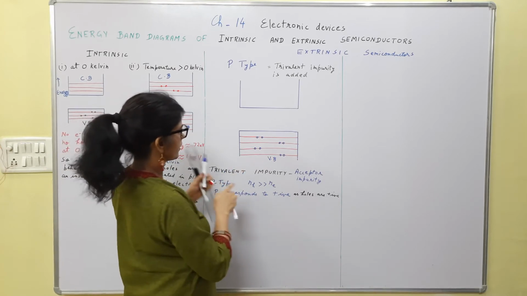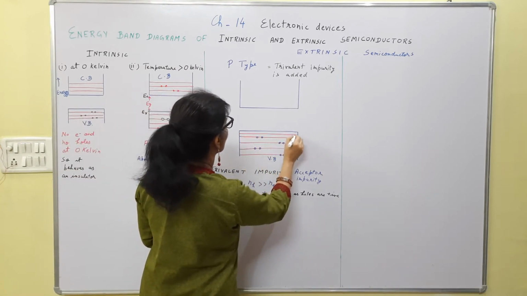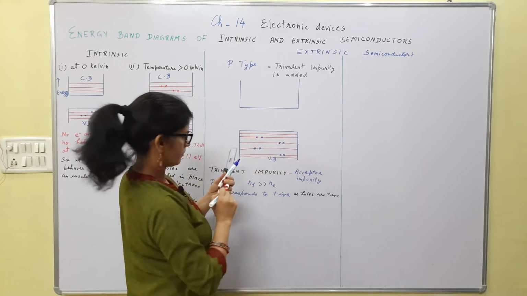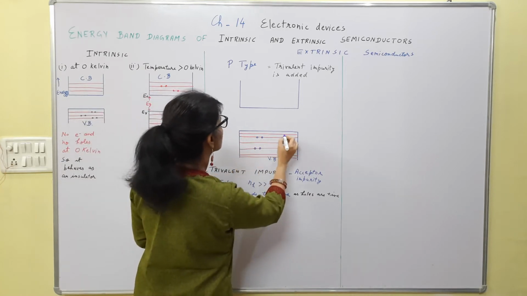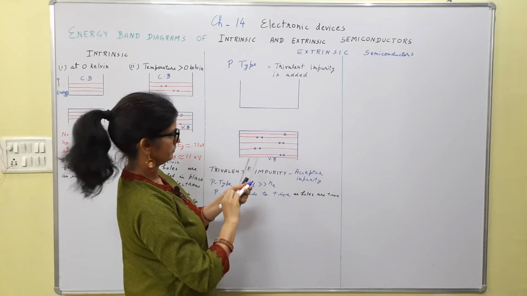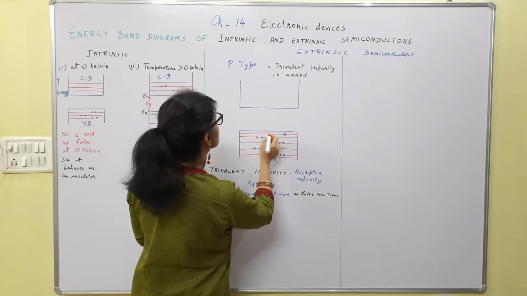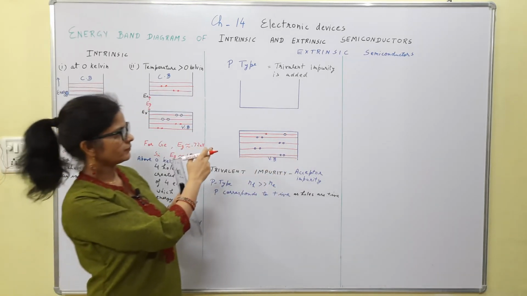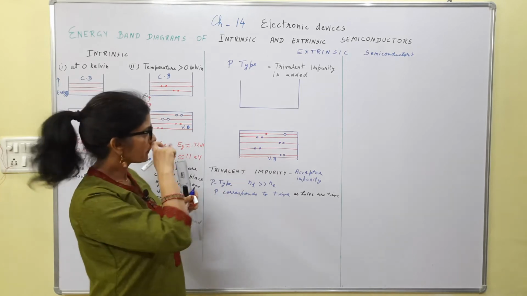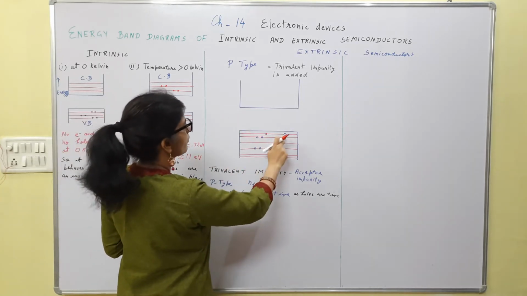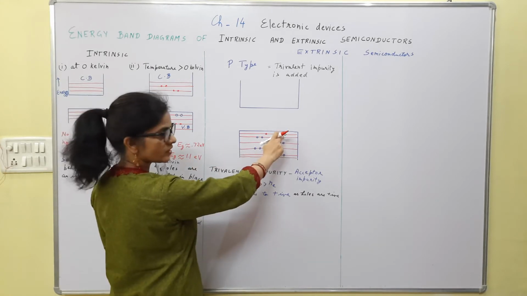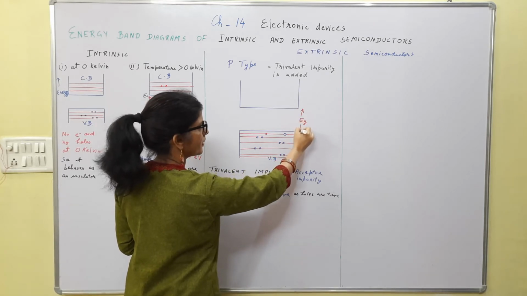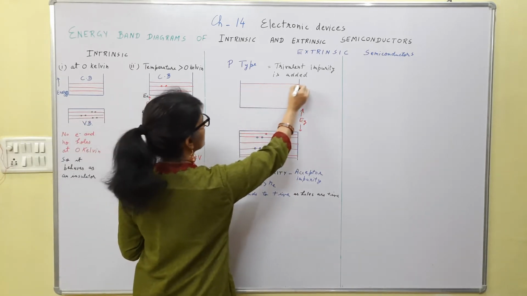I'll draw more lines. How many holes are visible here? 9 holes are there, right? Suppose one electron leaves its place and by gaining energy equal to the energy gap, it may reach the conduction band.